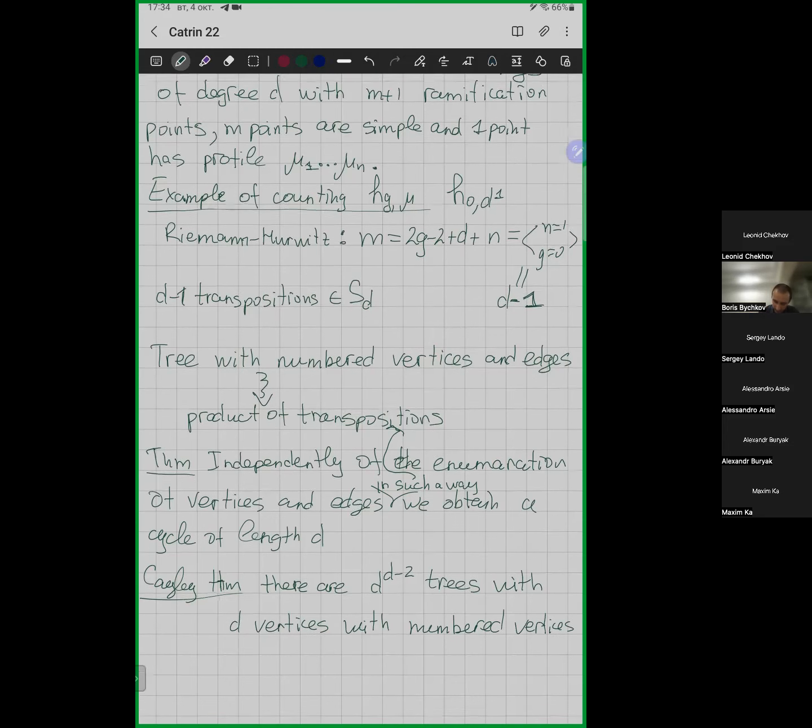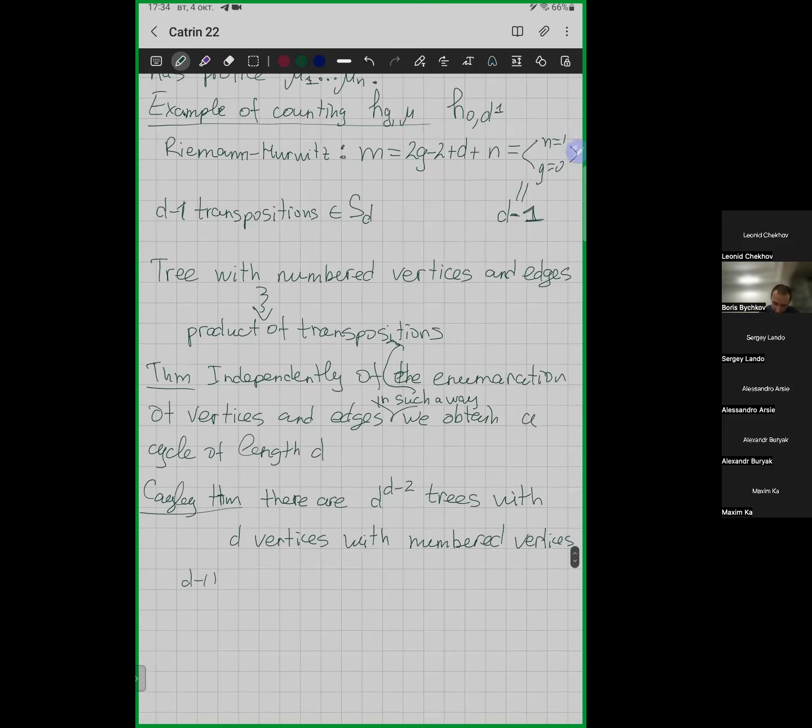So finally we obtain (d-1) factorial times d to the power d-2. It's the whole number of these trees.